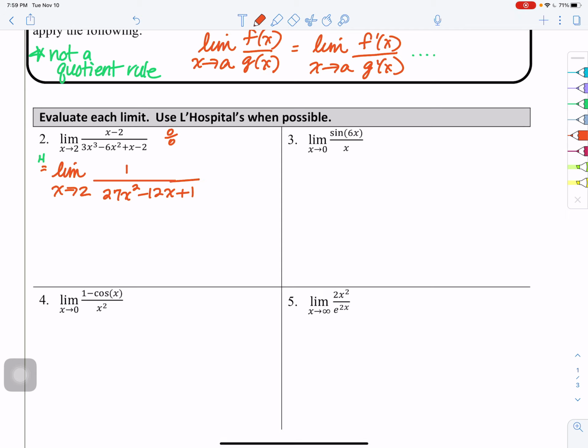Now, you might already be thinking, well, we don't have an indeterminate form now because this is not a 0 or an infinity. So now we really have to take the limit, okay? So if we plug 2 into this, we have 1 over 27 times 2 squared minus 12 times 2 plus 1.